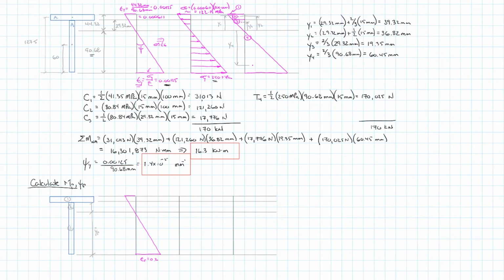Because of the large flange, when the web starts to go into plasticity, the flange is still elastic, and so the neutral axis, to maintain the compressive force and the tensile force being equal, will have to shift and move around. One of the things we're going to have to do when we calculate this is figure out the position of the plastic neutral axis.